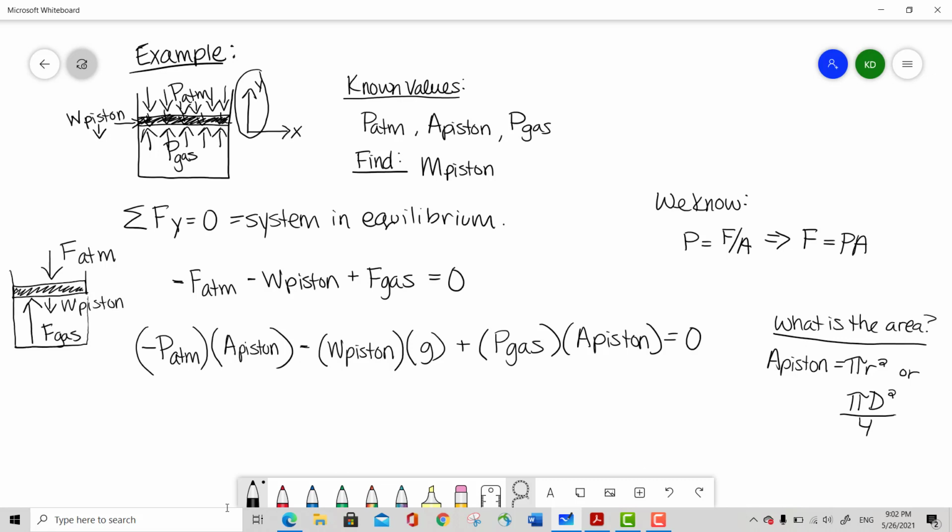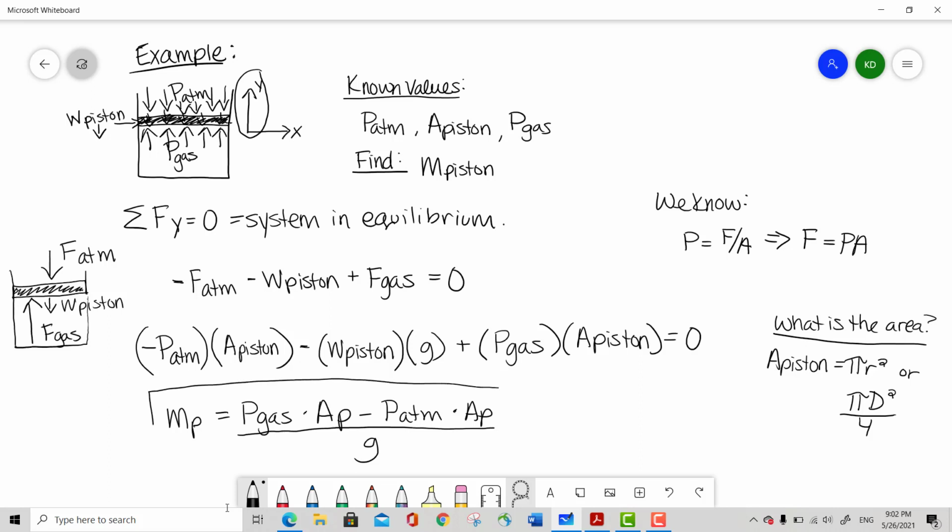And so then we can plug that in and isolate the mass of the piston to one side to get this formula. Okay, so this is an example without actually using figures to get to your formula.